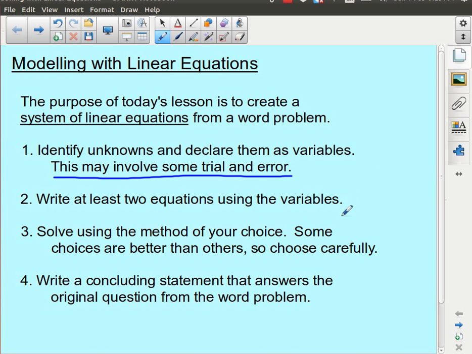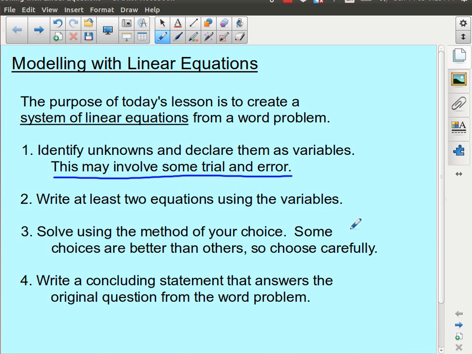You're not always going to get it right the first time through. In order to solve a system of equations, we actually need two equations. So when you're doing this work, if you can't come up with two different equations, maybe you do need to go back to the drawing board and start over again, reconsider how you've approached this. Solve using the method of your choice. In general, you're going to want to develop algebraic methods rather than graphical.